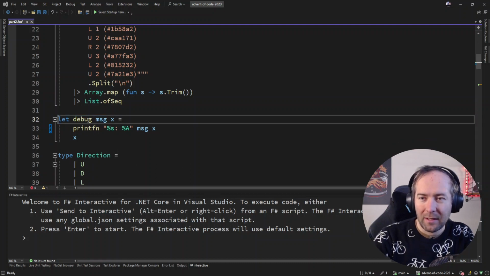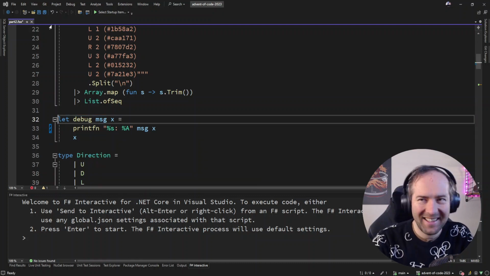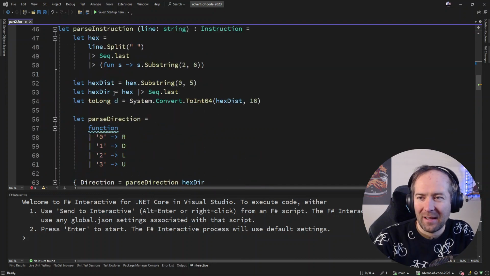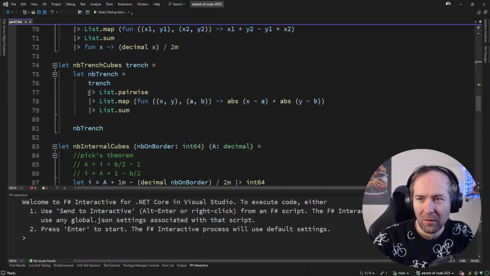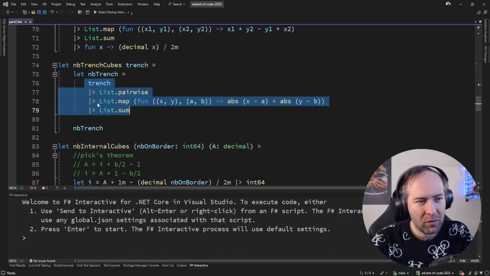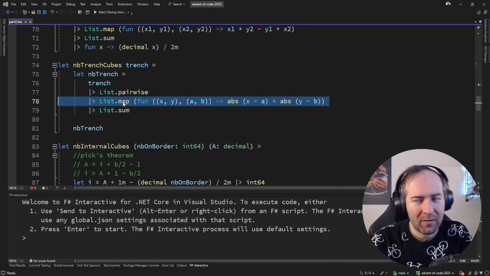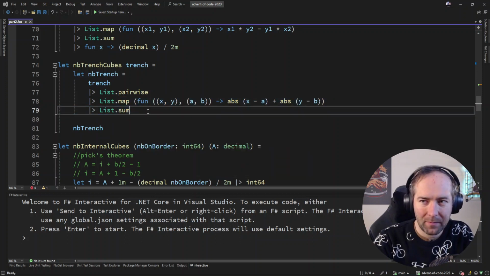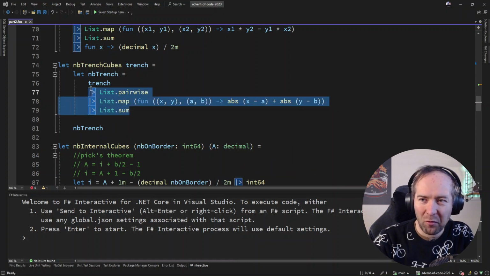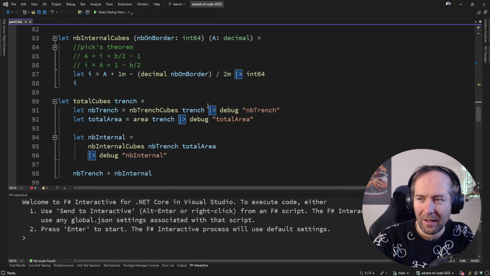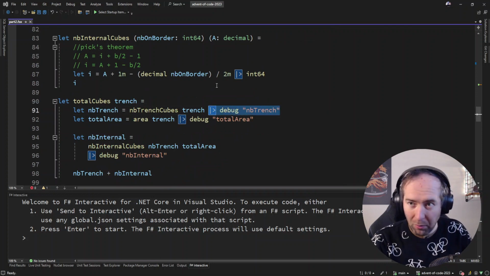And that is very handy if you don't have a debugger like I do in this setup. And if you have a lot of these functional pipelines where you use this pipe operator heavily, it's somewhat tricky to debug, one if you don't have a debugger, but two, also if you don't have temporary variables in between and you have one big chain. But if you have this debug function, you can just plug it in anywhere.